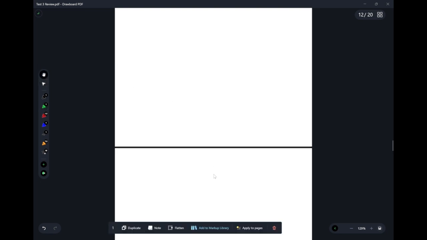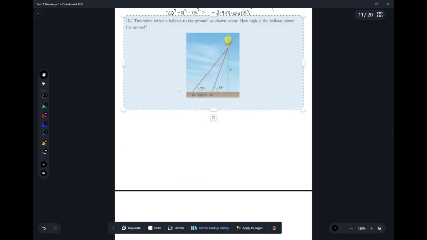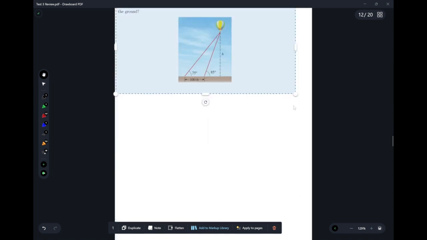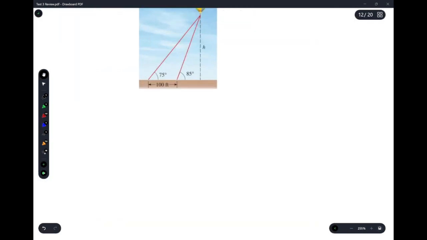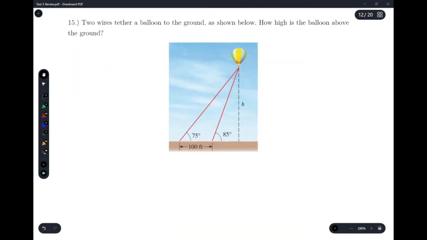All right. We've got 1 balloon. We've got 2 wires. And we've got 3 triangles.